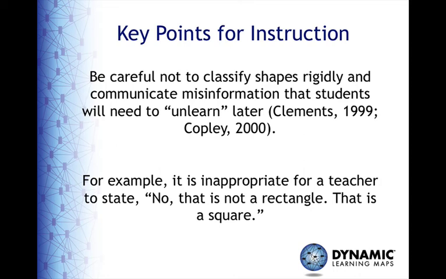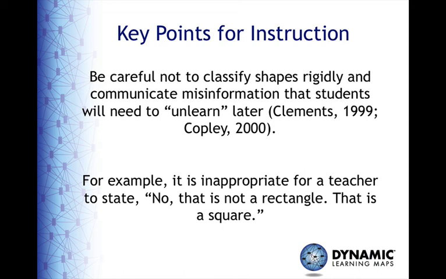Some students may struggle to fully comprehend and explain the relationships between categories of shapes. However, teachers need to be careful that they do not classify shapes rigidly and do not communicate misinformation that students will need to unlearn later. For example, it's inappropriate for a teacher to state, "No, that's not a rectangle, that is a square," because later they will have to learn that a square is a type of rectangle.